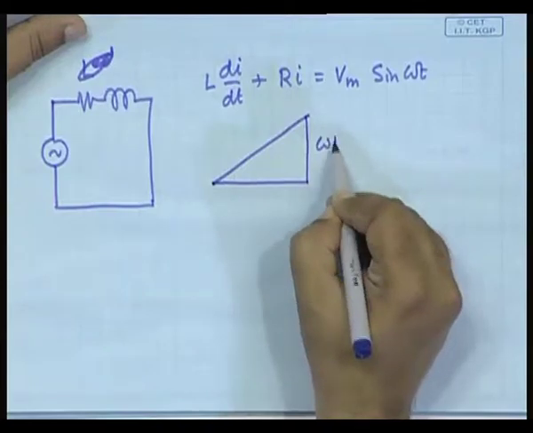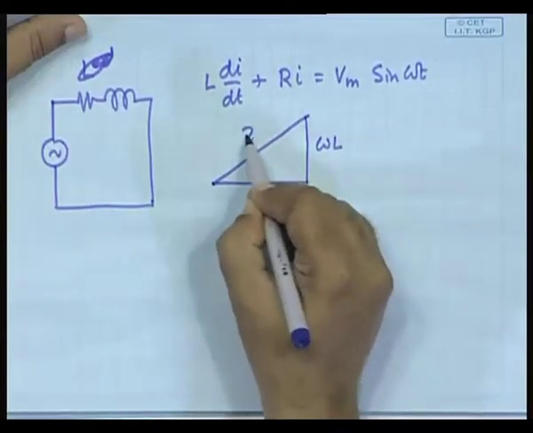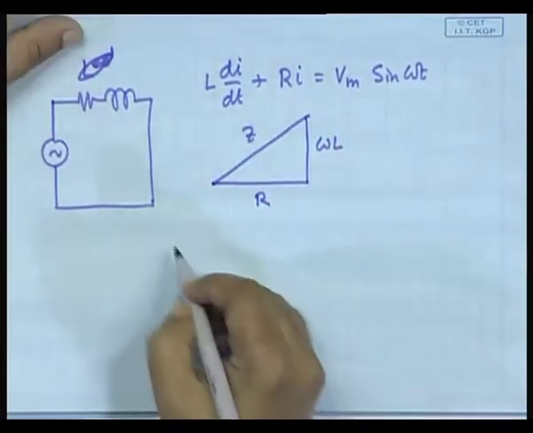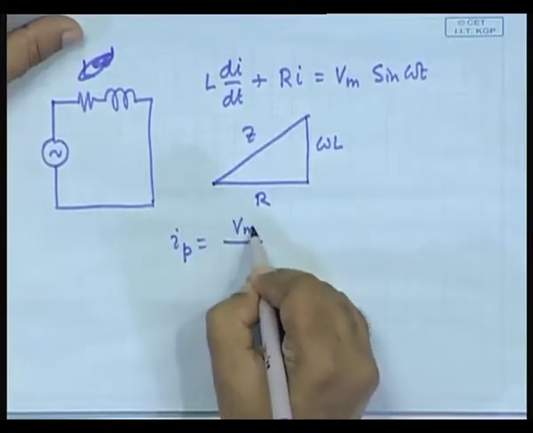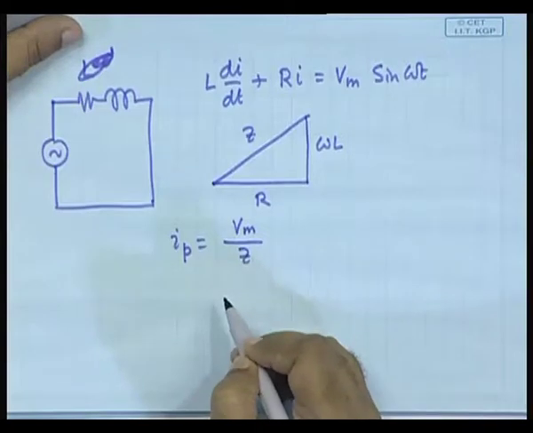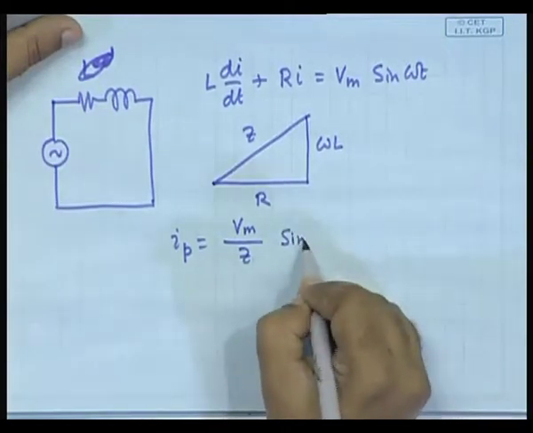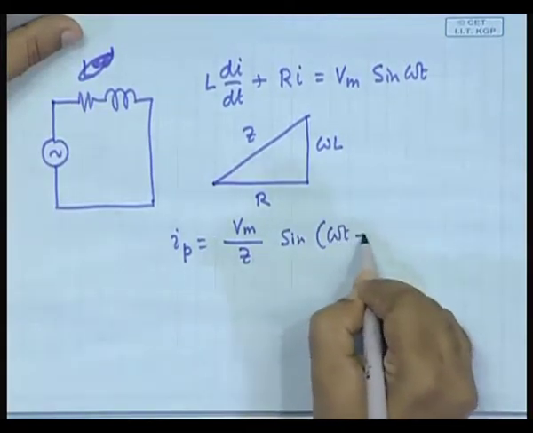This is omega L, this is R, this is Z, and the solution I P would be V m by Z sin omega t minus phi.